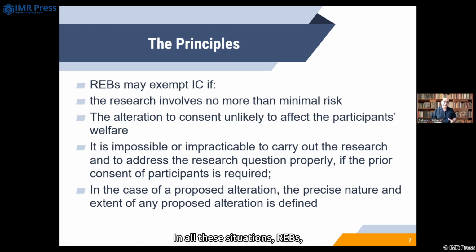In all these situations, REBs, Research Ethics Boards, ethics committees, or any regulatory body of your institution or university must be aware of the situation, and they should evaluate this study case by case.